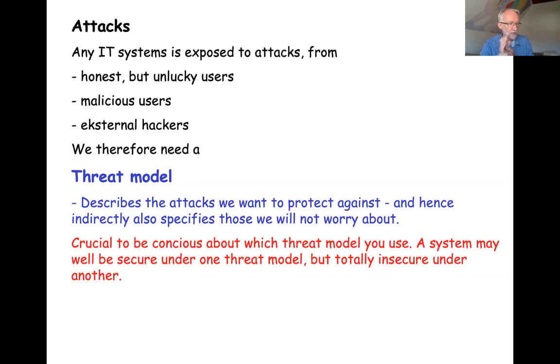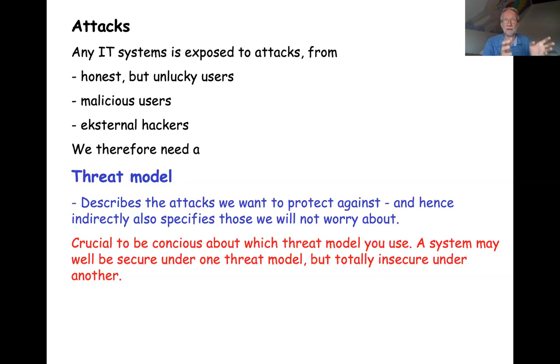Another reason why we should make sure, therefore, that we are explicit about what we are going to cover is because if we have decided that some attack is so unlikely that we're not going to worry about that, that may be a good decision in the current setting that we live in.